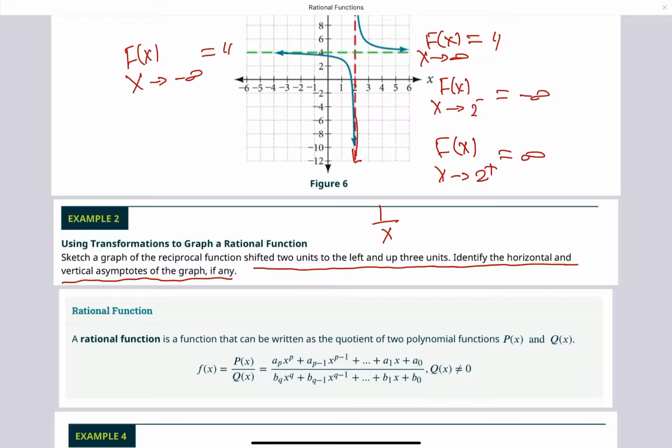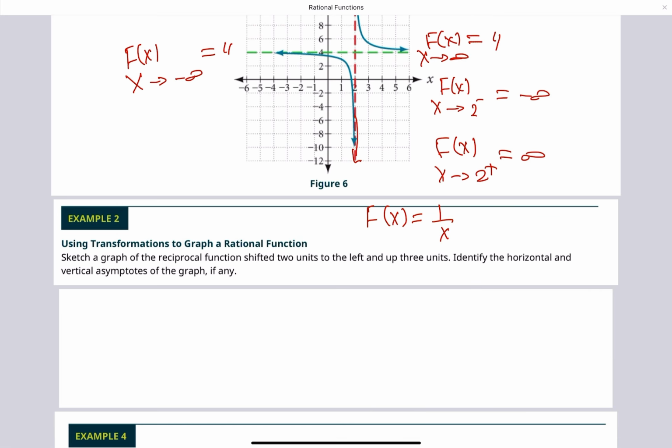How do I shift? Okay, so let me first write this as f of x, so you don't get lost. f of x equals 1 divided by x. Remember this. If I want to shift to the left, you're going to have to use this later on.